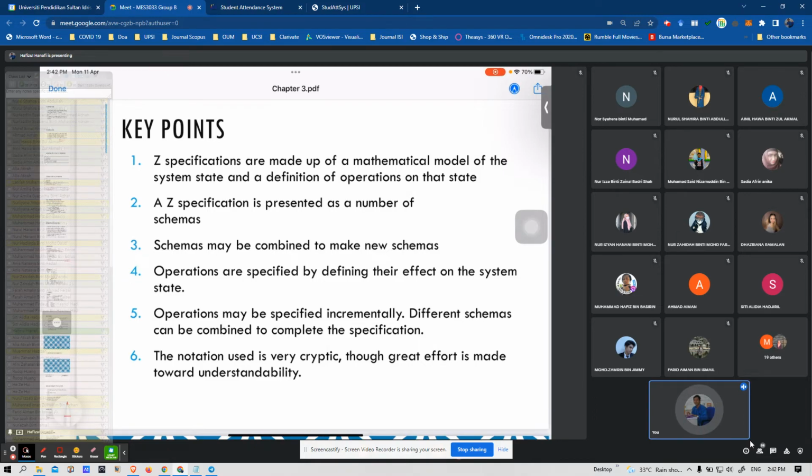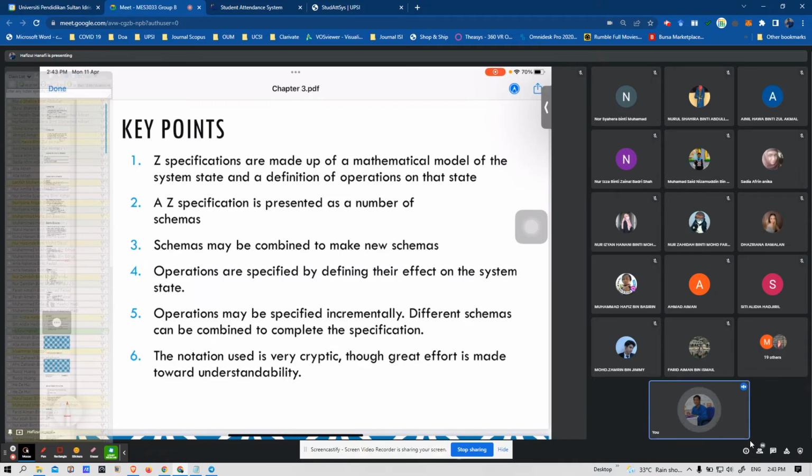Okay, key point. Z specifications are made of a mathematical model of the system state and definitions of operations on that state, basically by using a computer system. Specification is presented as a number of schemas. We can have a partial or total function, and schemas may be combined to make a new schema.